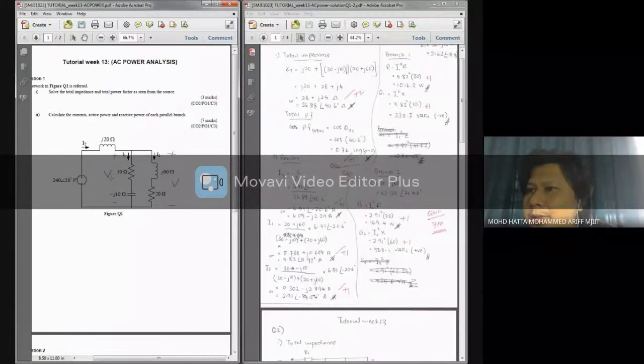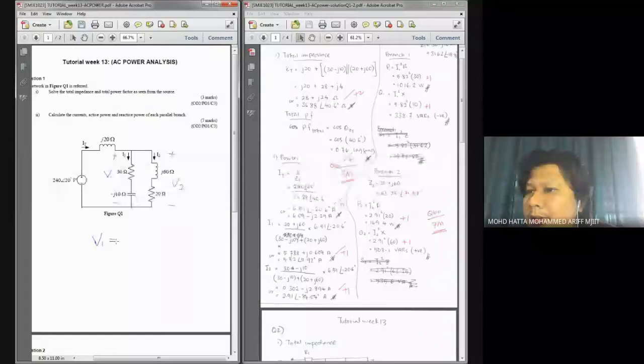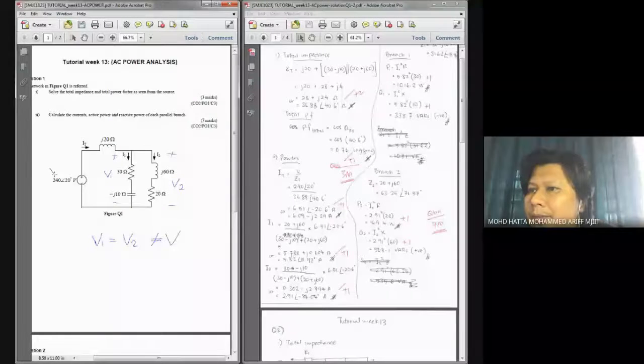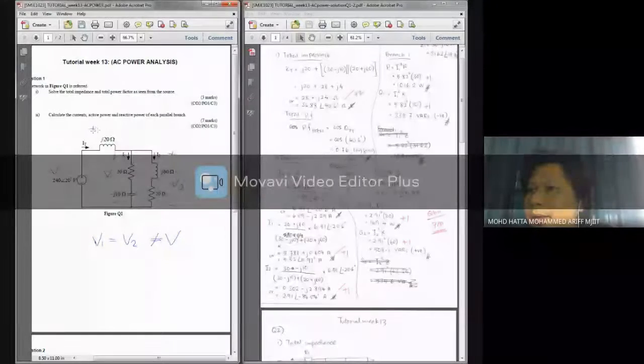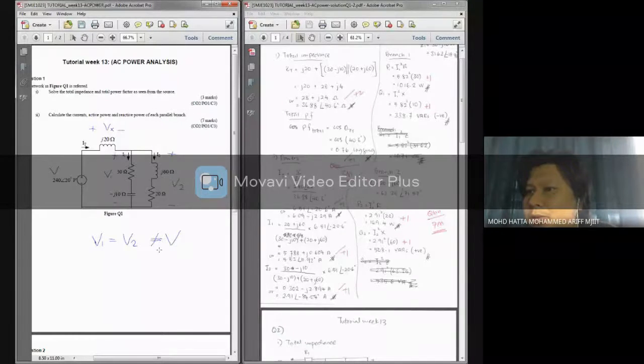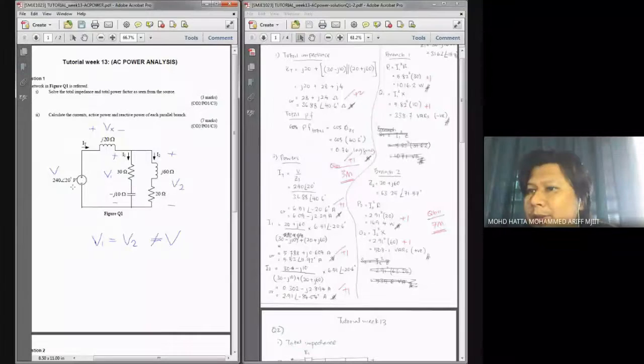Let's say this is V1 and this is V2. Basically, V1 is equal to V2 because they are connected in parallel. However, V1 and V2 are not equal to the V we see from the source, because we have another voltage drop here.